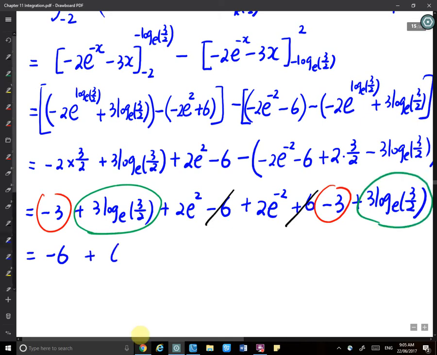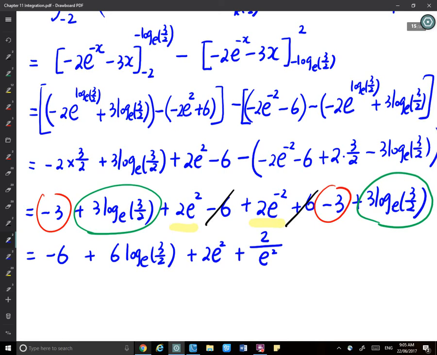That will give me 6 log e 3/2. And I have this one and this one. Well, they are just plus e to the power of 2 plus 2 over e to the power of 2. Can't do much about it. That is the actual area.